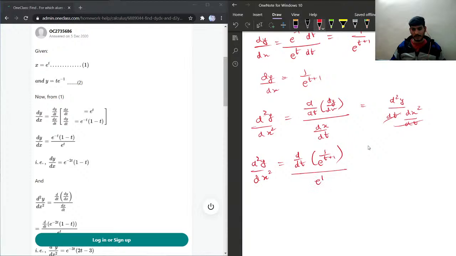This will be e power t, and this will be e power, we'll use the power rule. This will be e power t plus 1, and this will be minus, and so this will become e dt, and this will be e power t.